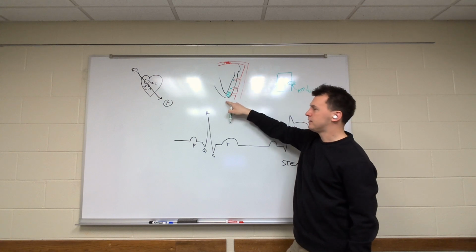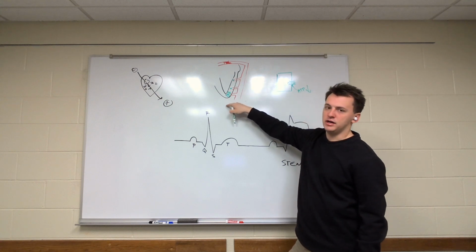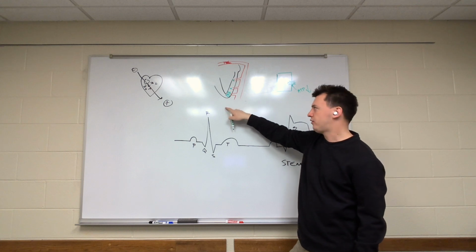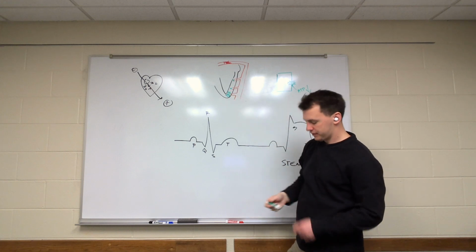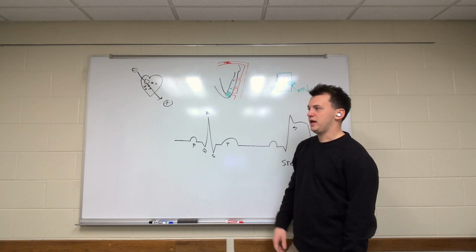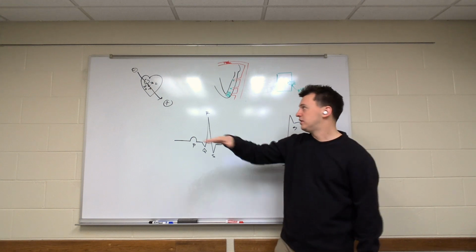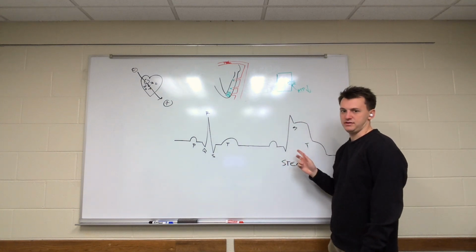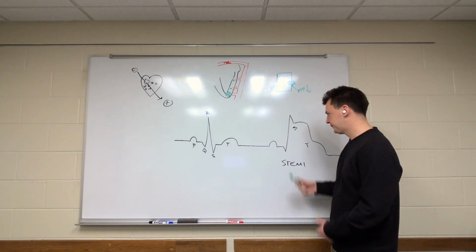So this is the most common area for this ST elevation myocardial infarction to start. And so it has these negative charges that are propagated, and it changes the average vector. And therefore it changes the depolarization and things of the ECG.